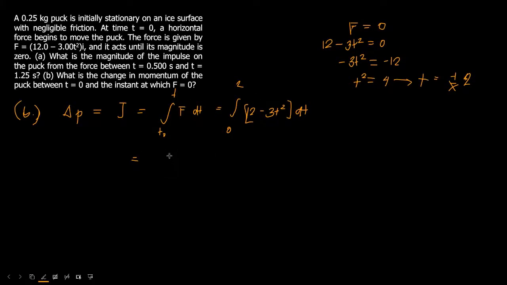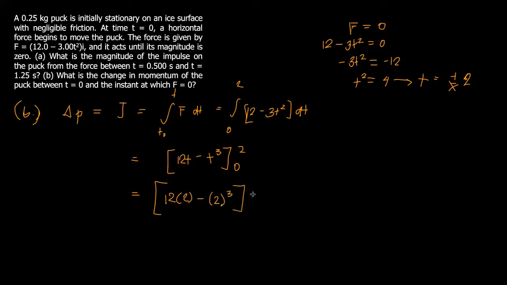Okay. So evaluate the integral. That's just going to be 12t minus t cubed from 0 to 2. So, ano yan? That's going to be quantity 12 times 2 minus 2 cubed minus quantity 12 times 0 minus 0 cubed.